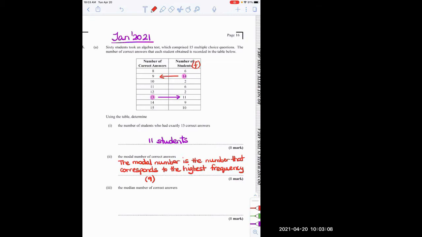All right. The median number of correct answers.